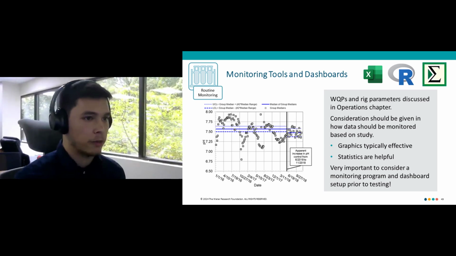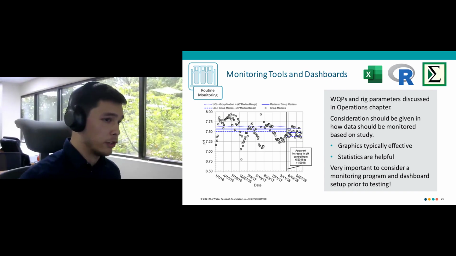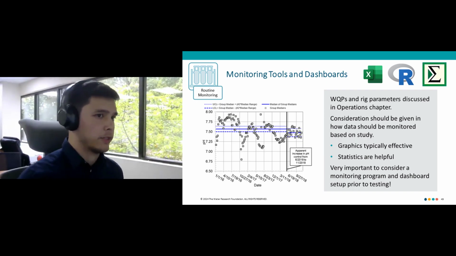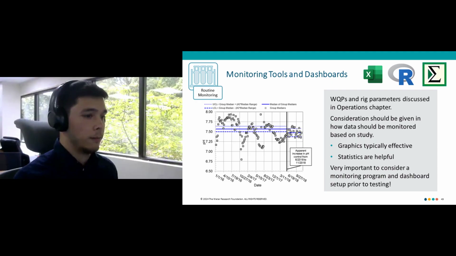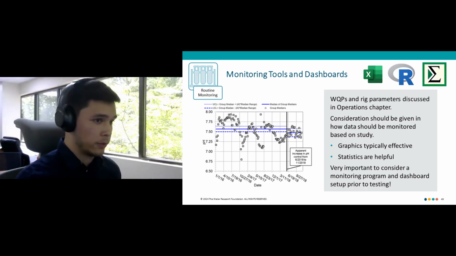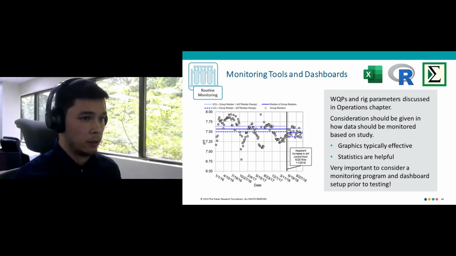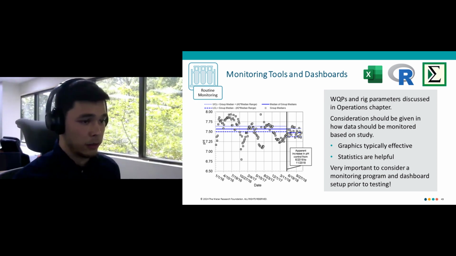There's a couple that we've used effectively in the past. Excel is a very good visual tool, and it has a very good user interface, though it lacks some statistical capabilities that a program such as R is very good at. Sometimes you may want to set up your programs to run both, or maybe you want to use the two programs separately, depending on what one is better at doing than the other.